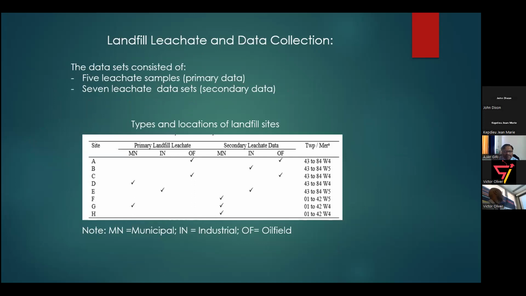In terms of the leachate, we have several sites: 5 leachate sample primary data sets and 7 leachate data sets from secondary data, and some information. Those are municipal, industrial, and oil field, in terms of primary data and their location.